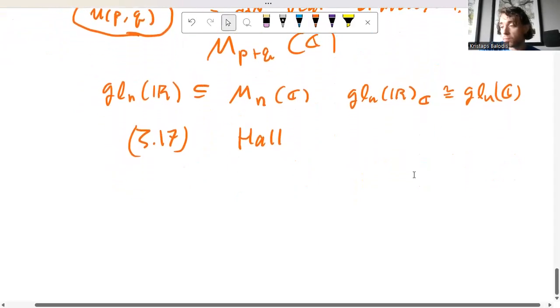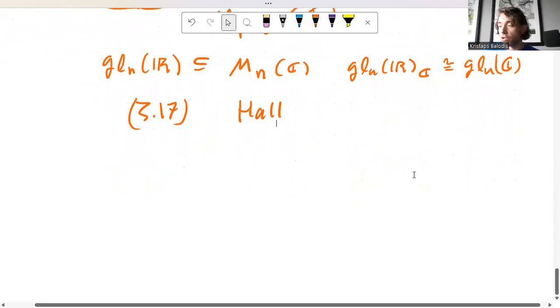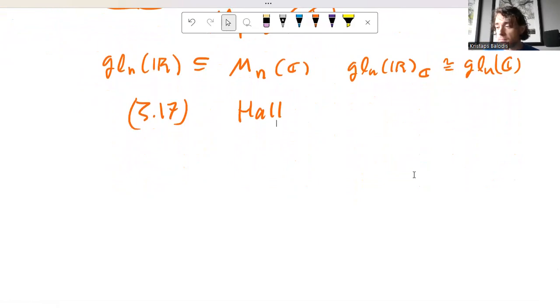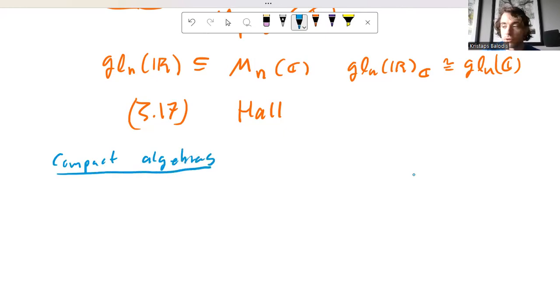So one of the things we want to talk about is the notion of compact algebras. Again, the point of this video is basically to allow you to circumvent having to pass through compactness of Lie groups. So here's just a list of what are considered compact algebras. These are going to be over the real numbers: su(n), so(n), sp(2n).